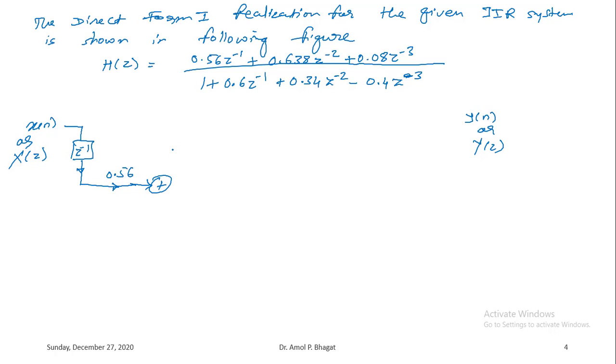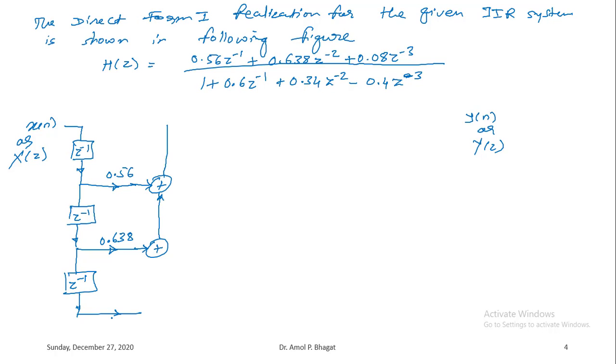Okay, so we'll need an adder here, right? Then similarly the second term z to the power minus 2 is there, so we'll take z inverse again, one more delay element. Then it will be multiplied with 0.638. Then again one adder is there, and it will get added with this result. Again there is another delay element z to the power minus 3, so one more delay element will be taken.